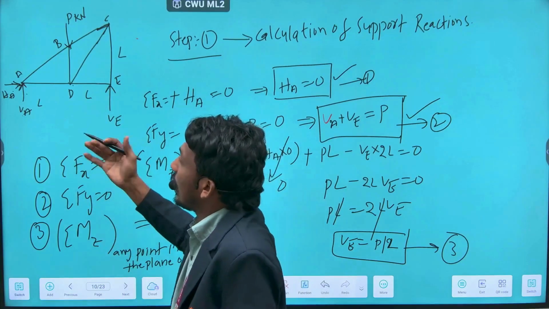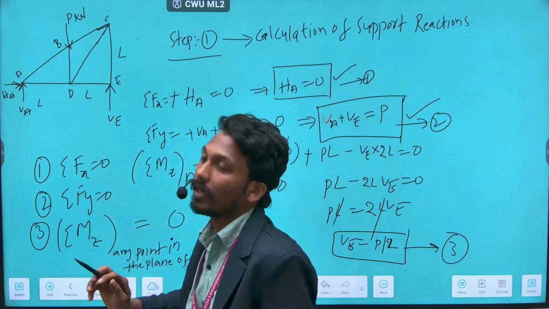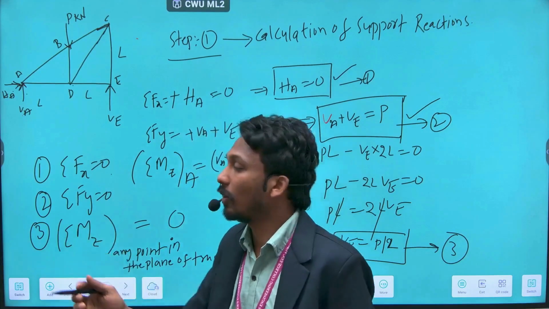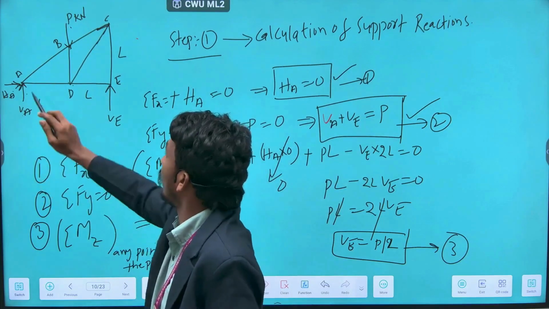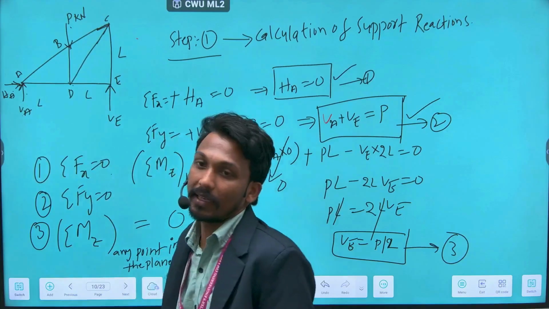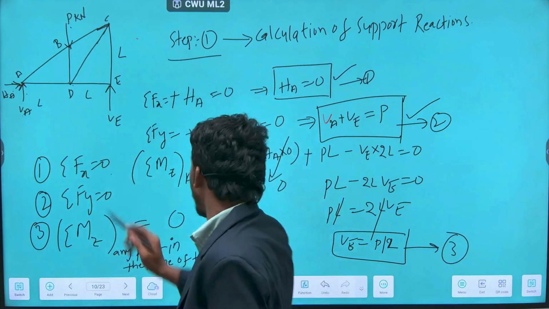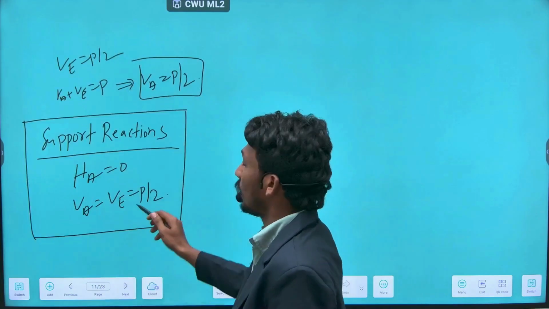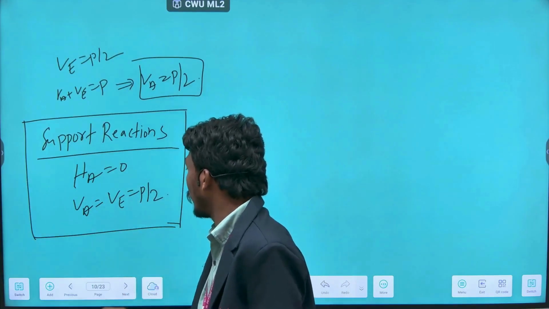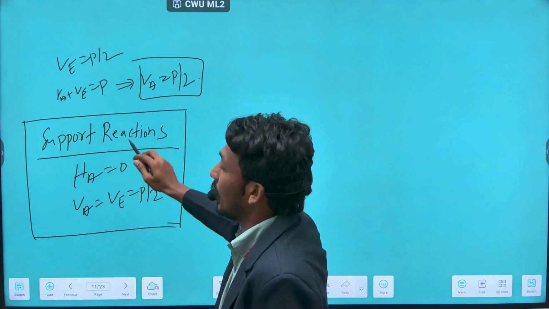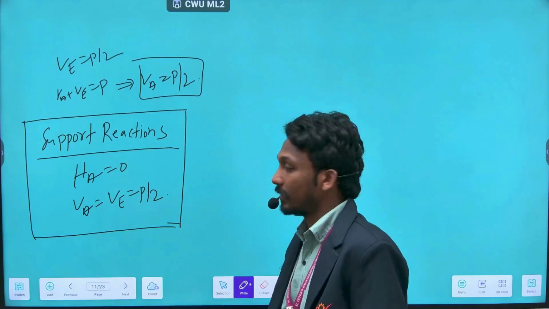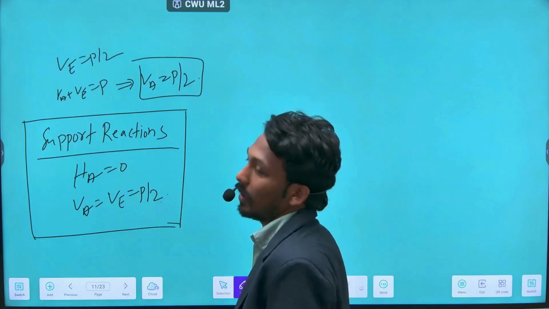So directly we can say that VA and VE are equal and equal to P by 2. They share this load P equally because of the symmetricity. So instead of doing all this calculation, we should be able to directly say the support reactions as 0, P by 2, P by 2.